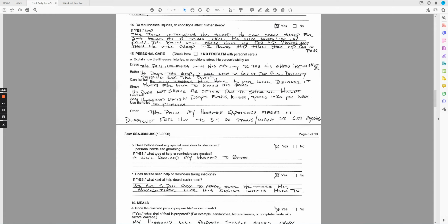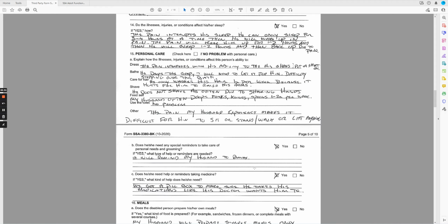As far as any reminders taking care of the person's needs and grooming, yes, I will remind my husband to bathe. And if you're a friend, yes, I have to remind him we were scheduled to have a phone call, or I was scheduled to come over for dinner, give examples.